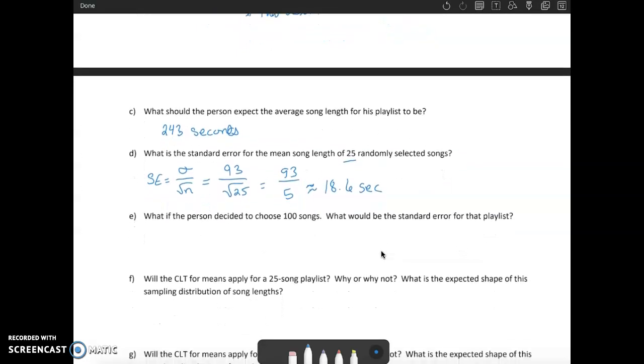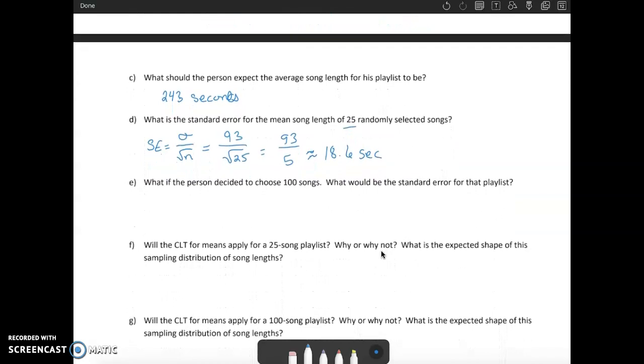What if they chose 100 songs on their playlist? What would the standard error be then? Well, it's the same formula. Standard error equals sigma over the square root of n. So still 93, but this time over the square root of 100. 93 divided by 10 is approximately 9.3 seconds.